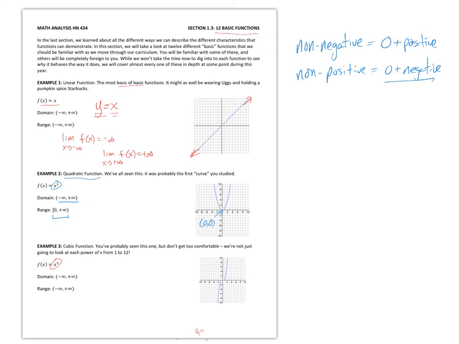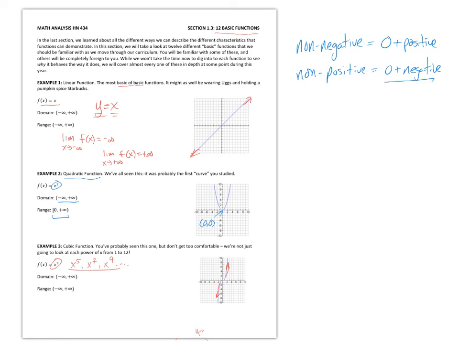I mean, sure, it has a curve to it and it's going to increase more quickly than y equals x, but we're going to find later on that x to the 5th and x to the 7th and x to the 9th and so forth, all of these functions are just exaggerated versions of x and x cubed. Domain is all reals, range is all real. There's not a whole lot of stuff going on with these guys.